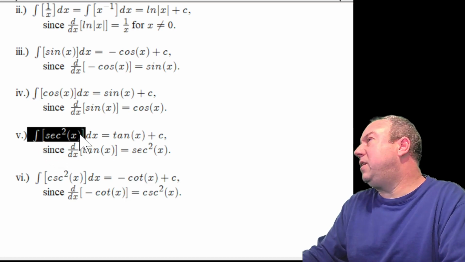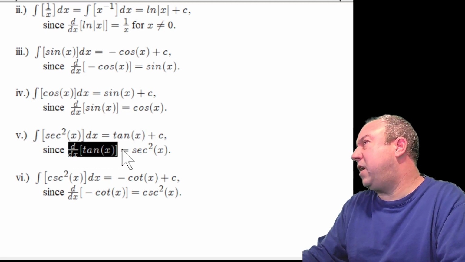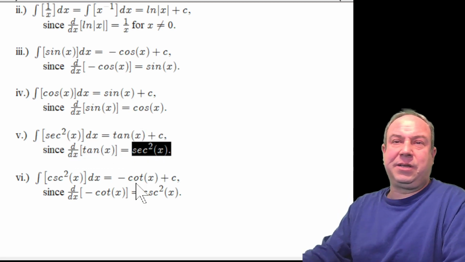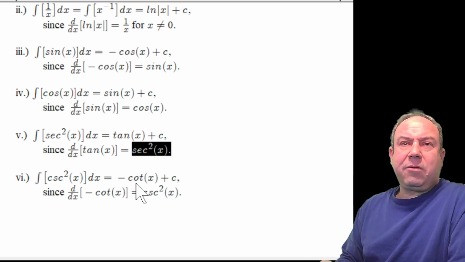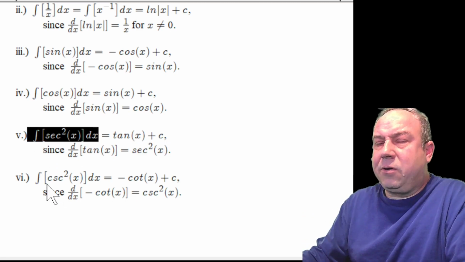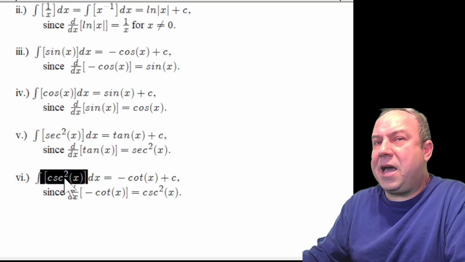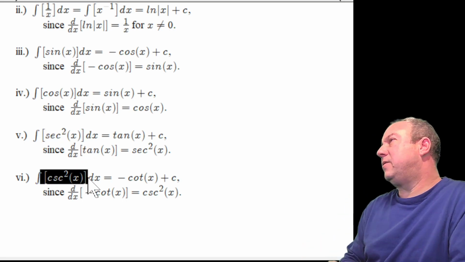Similarly, the antiderivative of secant squared x equals tangent of x, because the derivative of tangent of x is equal to secant squared x. We have these two antiderivative rules that are very specific to secant squared x and cosecant squared x.